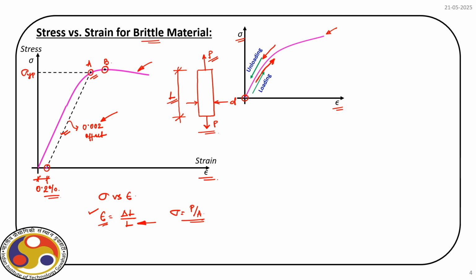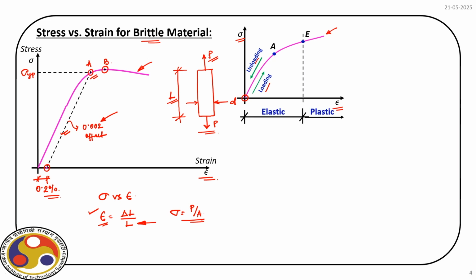Now, here also we can identify the A and B points, as you can see on your screen, as we discussed in the previous case. The only difference here is that stress and strain do not follow a linear relation once we start loading, but it follows the same path during loading and unloading. So, that is the point to be noted.